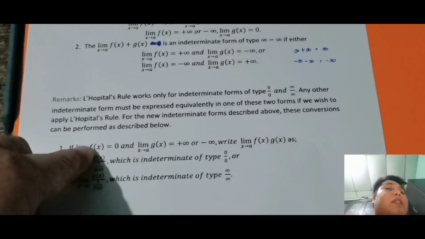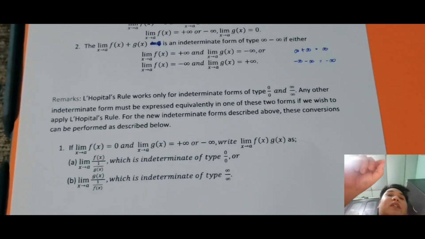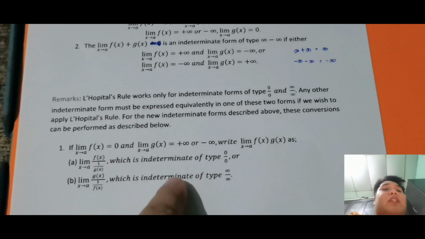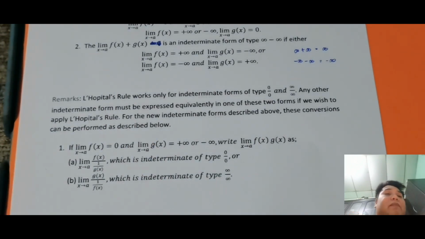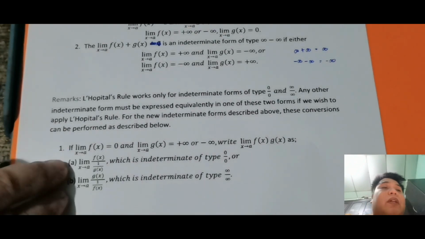Nireciprocate ko naman yung f of x. Kasi yung 0, gawin mo siyang 1 over 0. So, yung 1 over 0 yan, as x approaches something na yan, that is something papunta sa infinity. Hindi man natin sure, pero which is indeterminate of the type infinity over infinity.